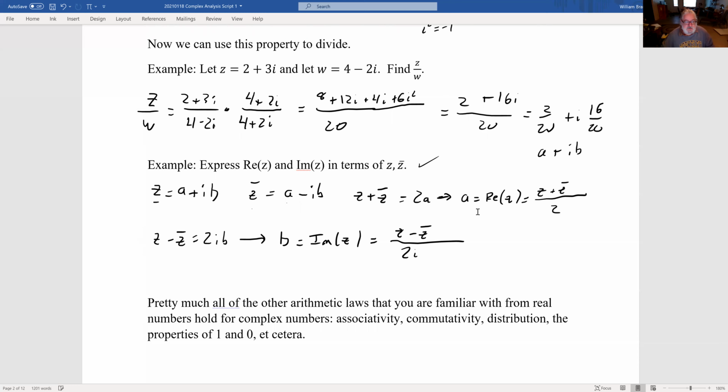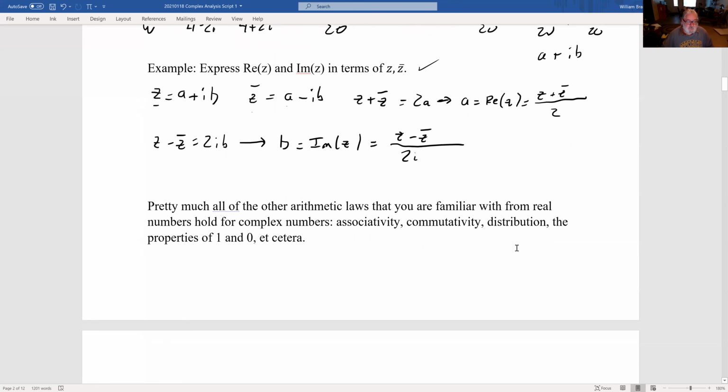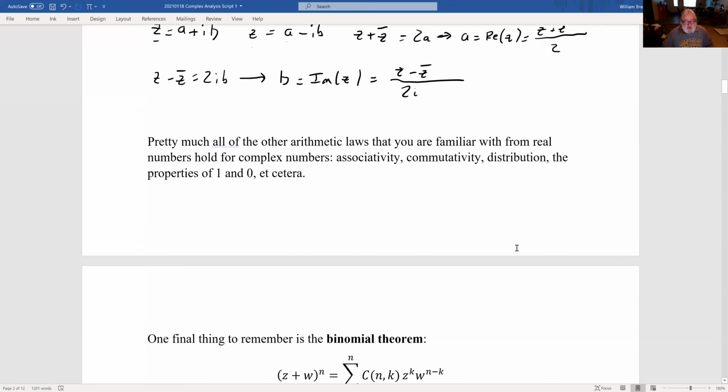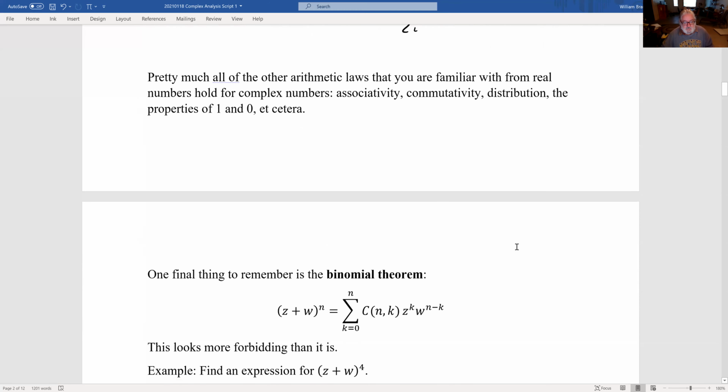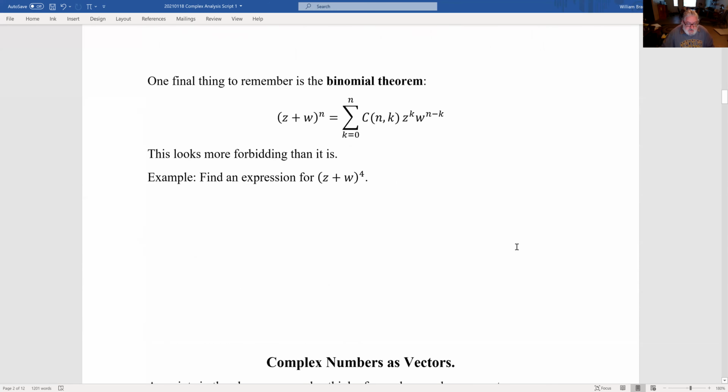So we can actually solve for real and imaginary parts in terms of z and z bar if we wanted. Pretty much all of the other arithmetic laws that you're familiar with hold for complex numbers: associativity, commutativity, distribution, properties of 1 and 0. We do have to be careful about the various exponential laws, and we'll see that a little bit later.